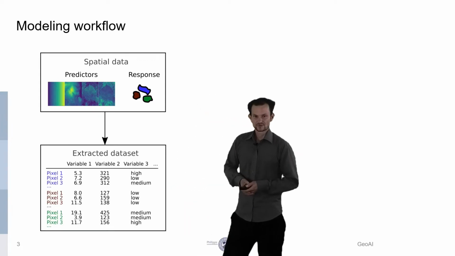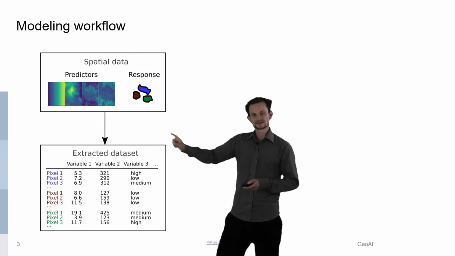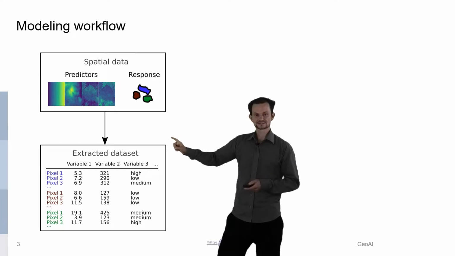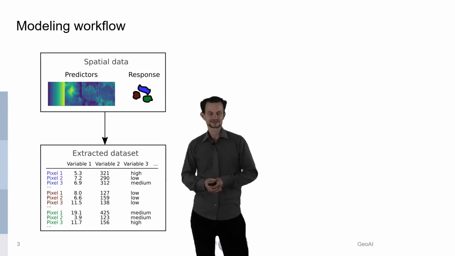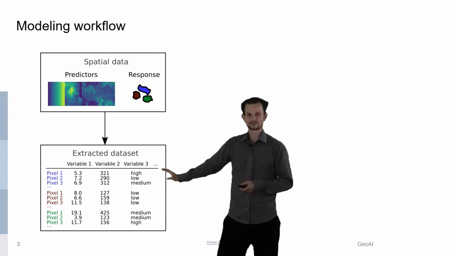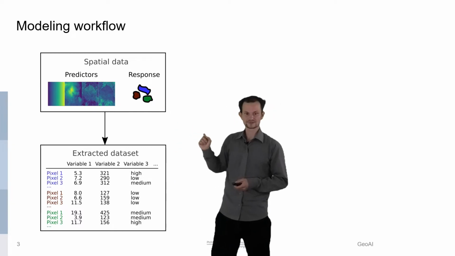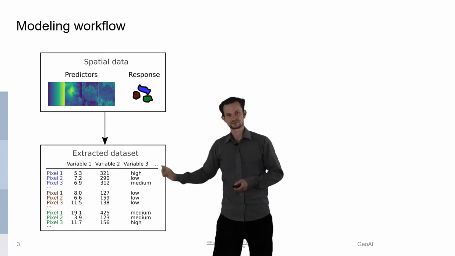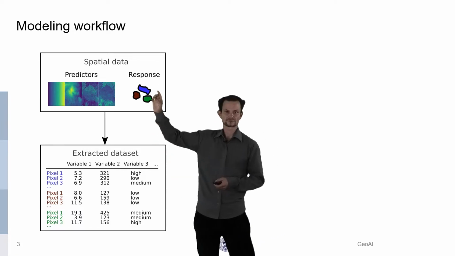In the next step of the modeling workflow, we need to extract the relevant spatial data into a data frame. In this table, all pixels covered by the response data are assigned the value of the predictors at their spatial location. In this example, blue represents the pixel of the blue feature, red represents the pixels of the red feature, and green represents the pixels of the green feature.